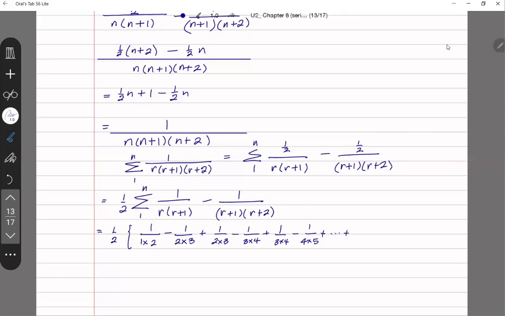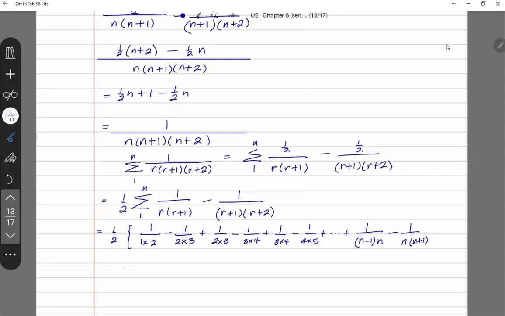We can then go now to when r is equal to n minus 1, so we have 1 over n minus 1 times n minus 1 plus 1, which is n, minus 1 over n minus 1 plus 1, which is n times n plus 1.